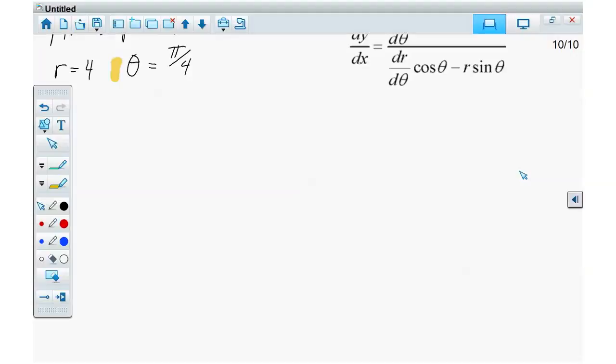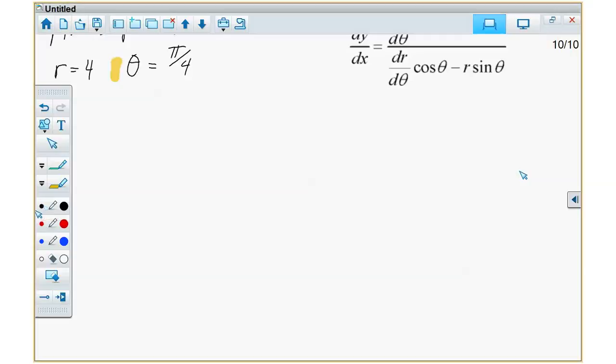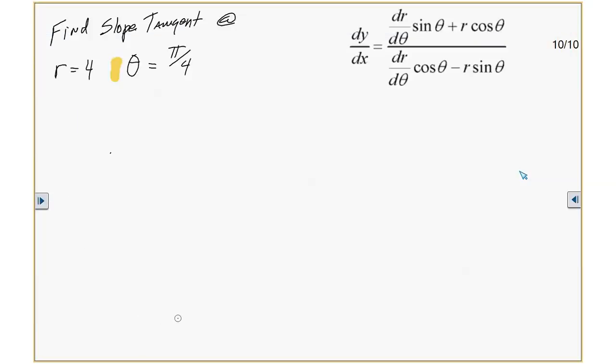So, plug and chug. So we got dr d theta. What is dr d theta? What's the derivative of pi over 4? 0, Hubert. That's right.